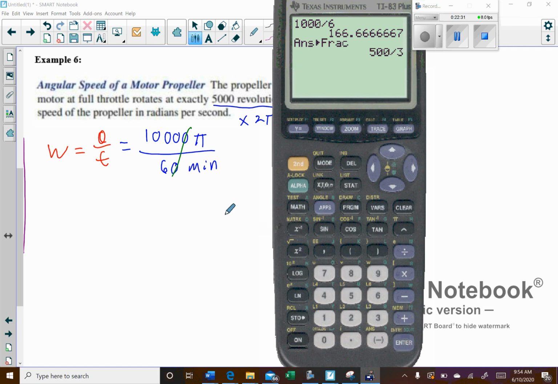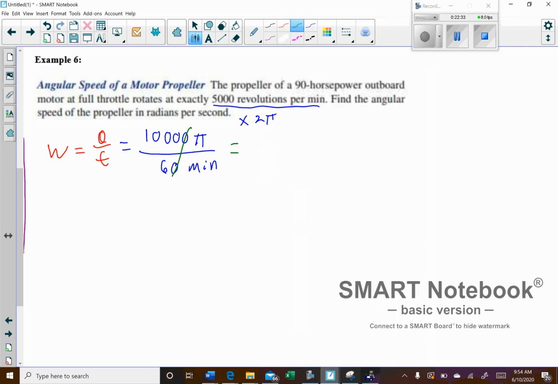So it'd be 500 over 3. So this is going to convert to 500 pi over 3. And now our angular speed is going to be radians per minute, right? It's per minute because I divided by 60.